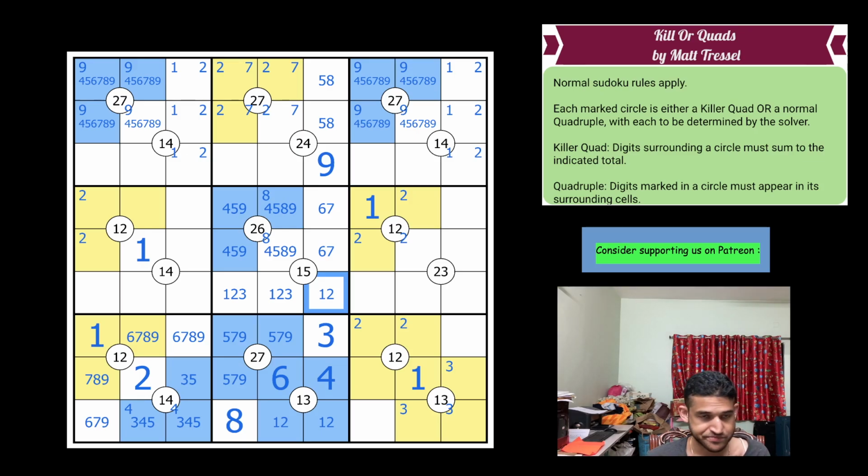Okay, now let's look at this 14 clue. Can this be a killer quad, or does it have to be a quadruple, is what we have to examine next.